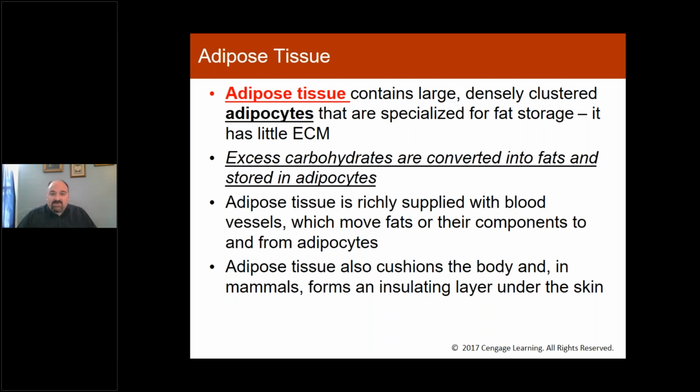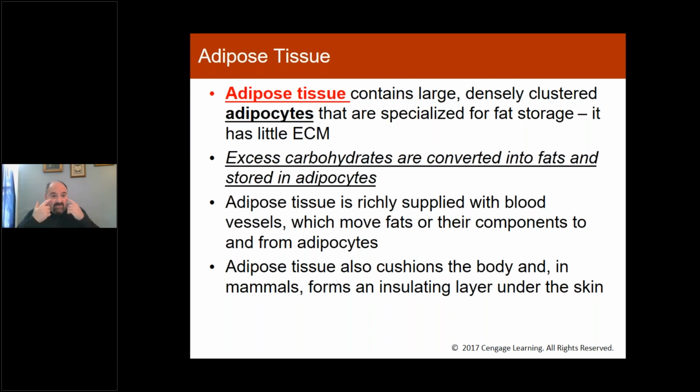If a patient loses a dramatic amount of weight, that fat cushion can really shrink, and that can allow the kidneys to drop. As a result, it can cause impingement of the ureters that allow urine to pass from the kidneys to the urinary bladder, and that can be a problem.